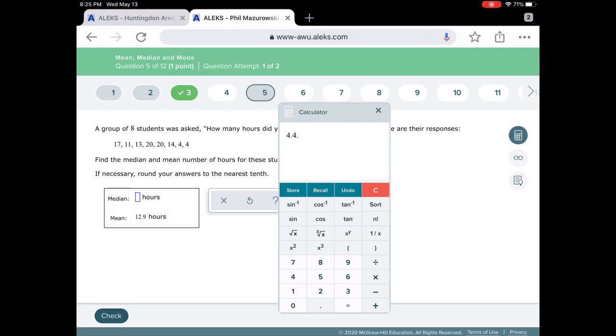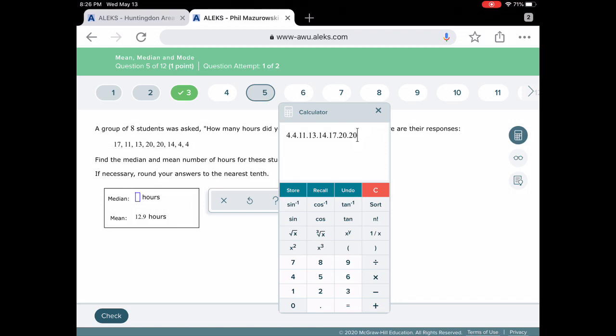So I've got 4 and 4, then 11, and normally you would separate these with commas, but I don't have a comma on the calculator, so I'm going to do it with the decimal here. So 4, 4, 11, 13, there's a 14, there's a 17, 20, and another 20.